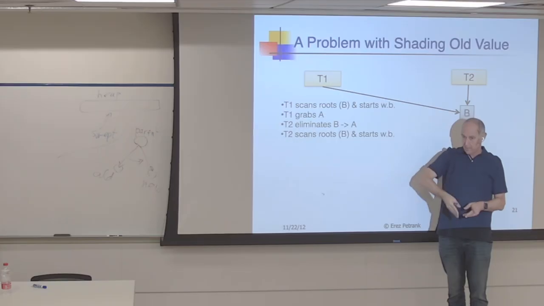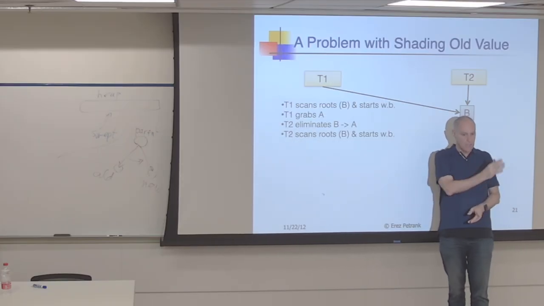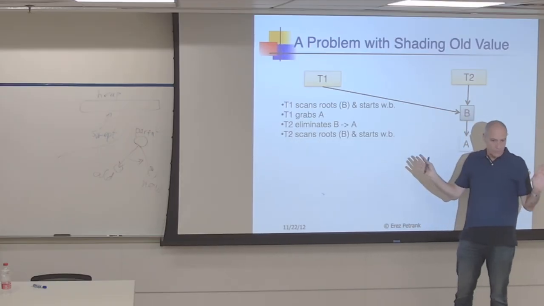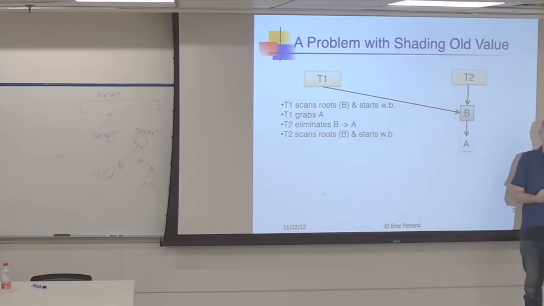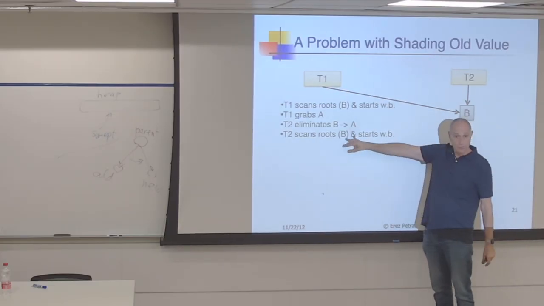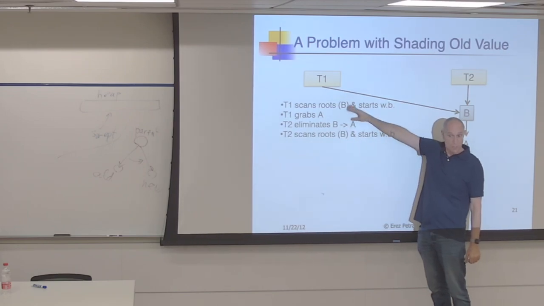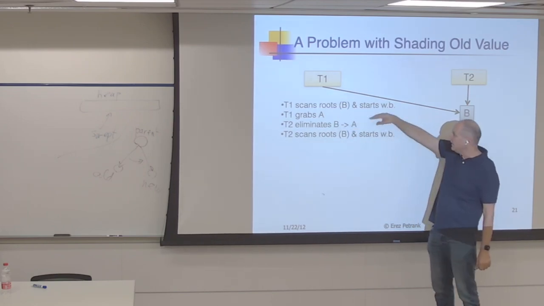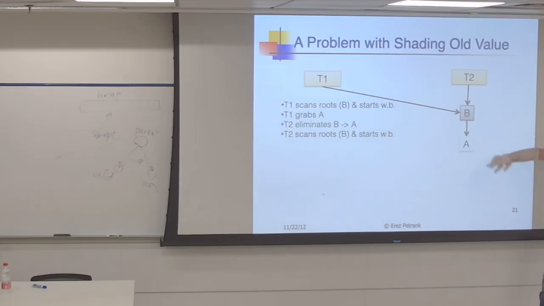Each thread does that in its own time, when it's out of a write operation and it responds to the collector. It shades whatever is reachable from its root and starts the write barrier. So this is where T1 responds and this is where T2 responds, and in between, I'm going to do something. T1 is responding, it shades B, and it's now doing the write barrier, everything is fine.